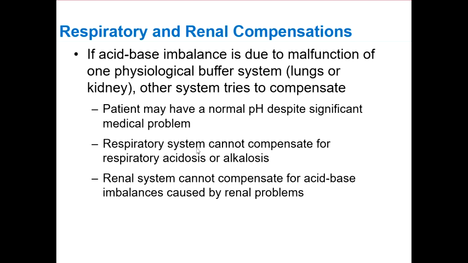A respiratory system can't compensate for a respiratory acid-base problem, like acidosis or alkalosis. A renal system cannot compensate for a renal acid-base problem, but they can compensate for each other. So if the respiratory system is imbalanced, like COPD, emphysema, the renal system can compensate for it. And just the opposite, if someone has renal problems, the respiratory system can compensate for the acid-base balance. So they can compensate for each other, but not for themselves.